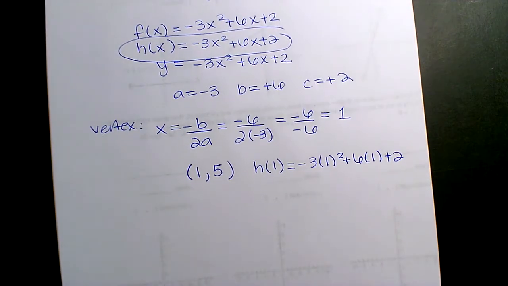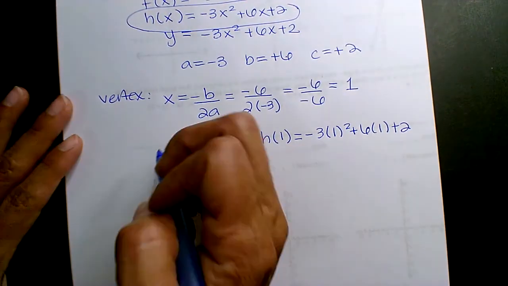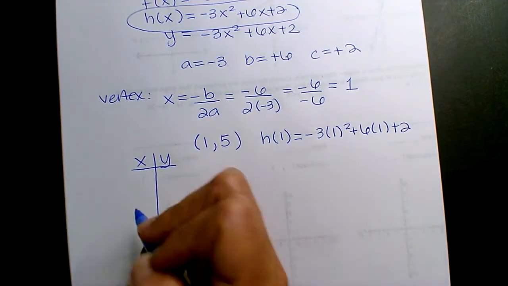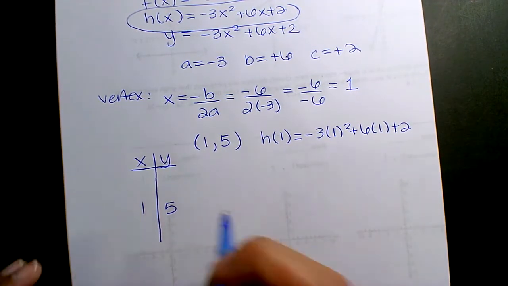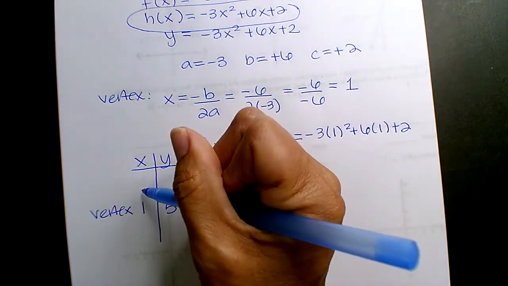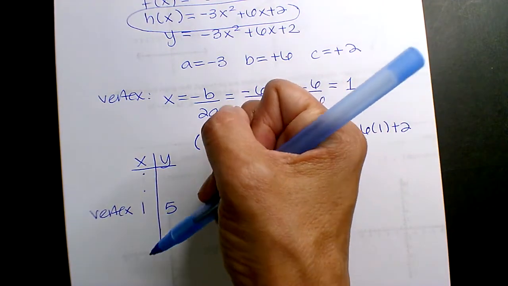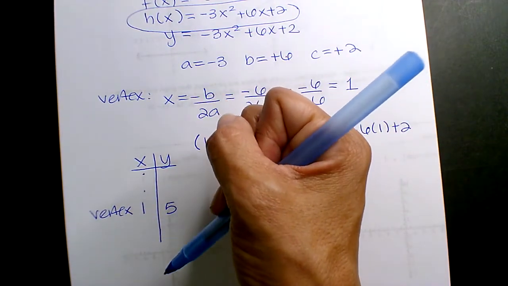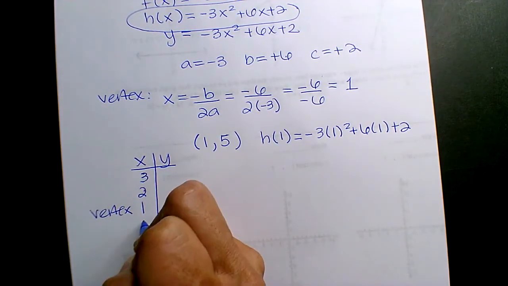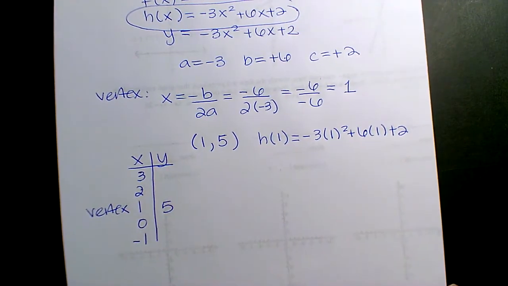I know it doesn't ask you to graph it, but let's do a table just to show you guys. How does a table differ from vertex form? Not at all. Your vertex gets placed in your third slot. Do you want to go 3, 2, 1, 0, -1, or the other way?